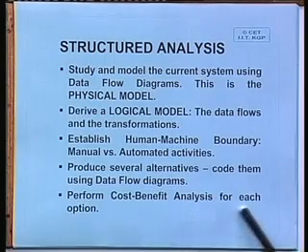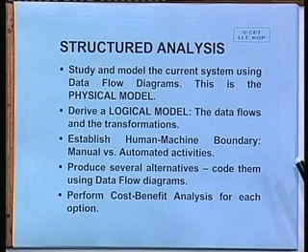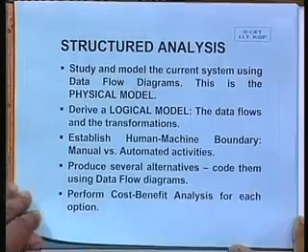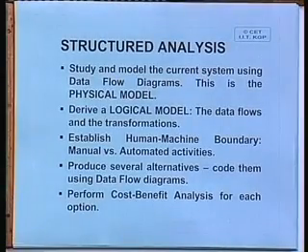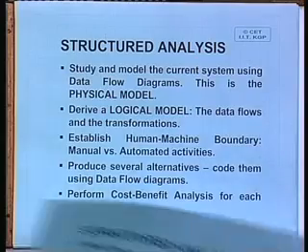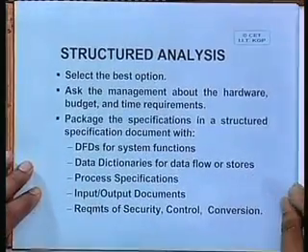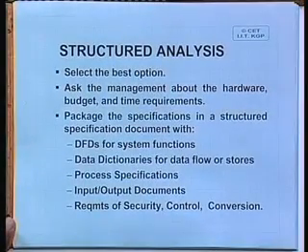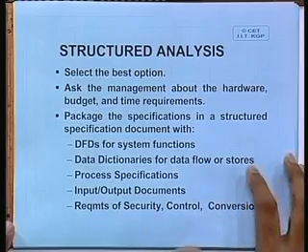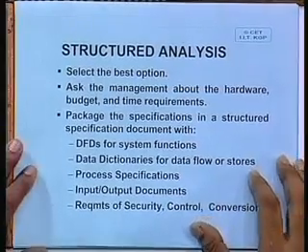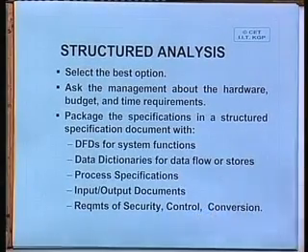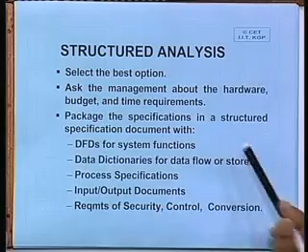Then perform cost benefit analysis for each option. Suppose finally you choose some 2-3 options, you have to find out their costs and the related benefits out of what we have already obtained. Now select the best option. When we have several options, the option which is best suited to us, maybe with regard to cost or other considerations, is going to be our best option.